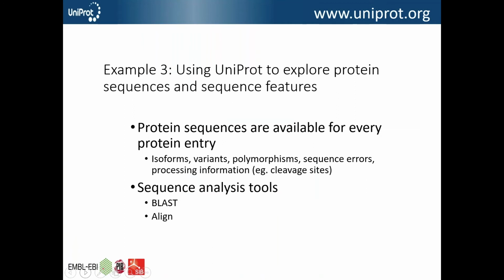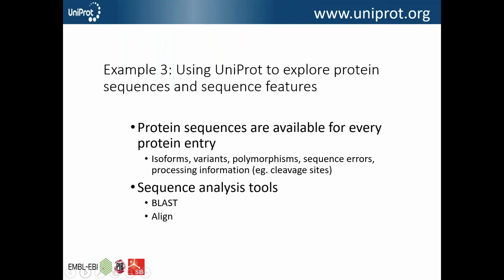So I've shown you how to search for a protein and what's in an entry page, but I haven't talked to you about protein sequences, which is the first thing that I began talking about. Every UniProt entry has a protein sequence attached to it, and will indicate any isoforms, variants, polymorphisms, sequence errors, processing information such as cleavage sites, and we also provide various sequence analysis tools.